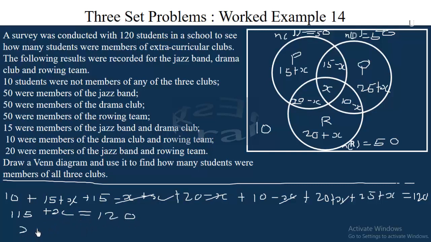So x will be equal to 120 minus 115, and this will give us 5. So we managed to find the value of x. The whole idea is to express everything in terms of x and add all the regions to equate it to the universal set. So 5 is the number of students who were members of all the 3 clubs.